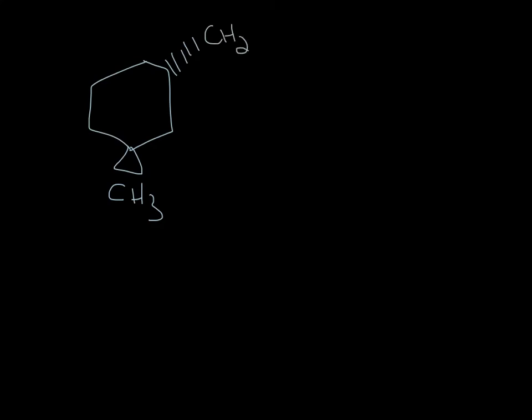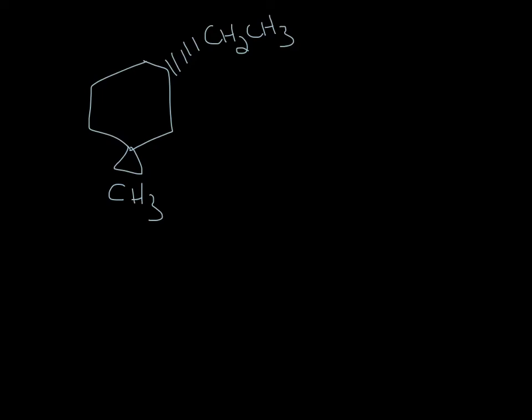Lastly, we might have a compound that is a cyclic compound and it has substituents and directionality or stereochemistry is indicated. So perhaps I have a wedge which indicates that that methyl group is coming up towards me, and maybe then I have a dash over here with an ethyl group.